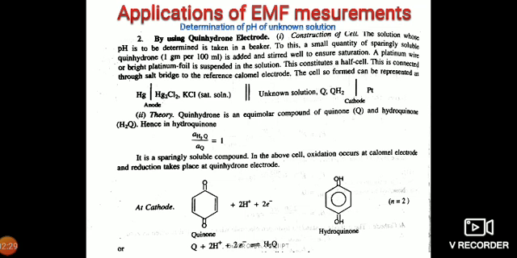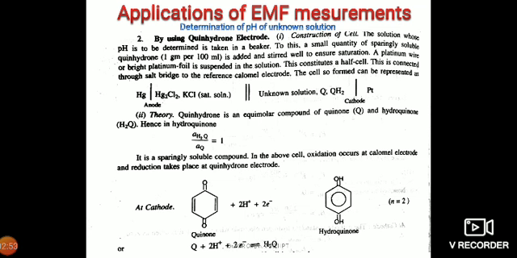So what is the theoretical part of this experiment? Quinhydrone is an equimolar compound of quinone and hydroquinone. Hence, the ratio of activity of H2Q to activity of Q, that is activity of hydroquinone to activity of quinone, is always equal to 1, and it is a sparingly soluble compound.